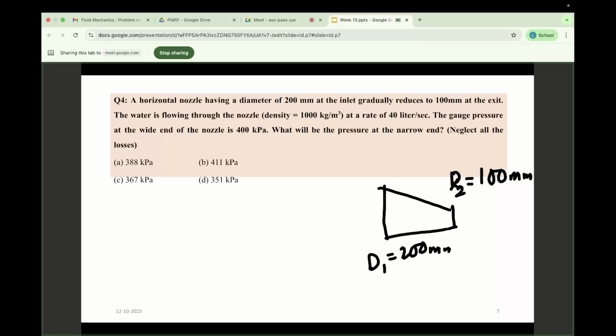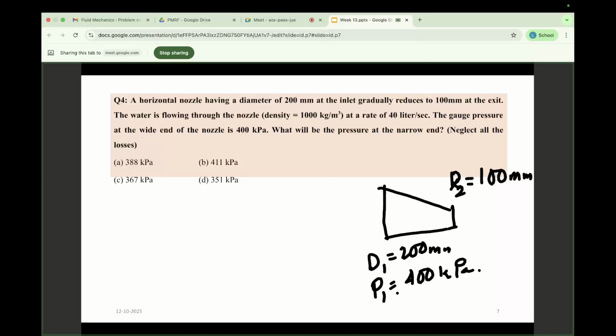Also, another thing is that the gauge pressure at the other end of the nozzle is already given as 400 kilo Pascal. That means 400 into 10 to the power 3 Pascal.